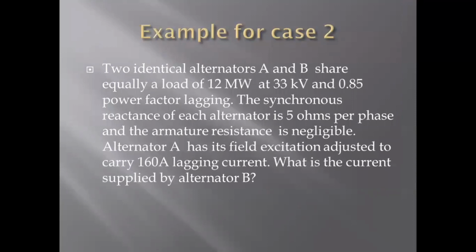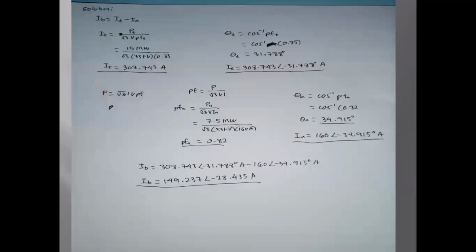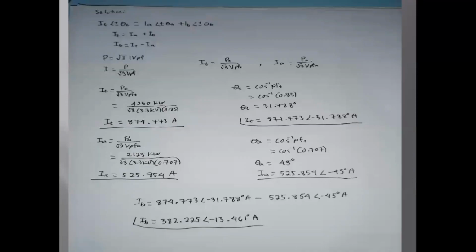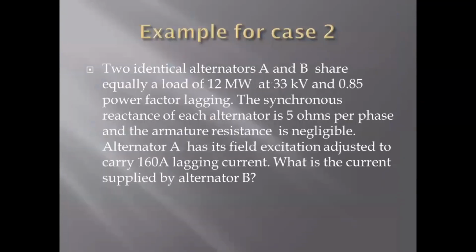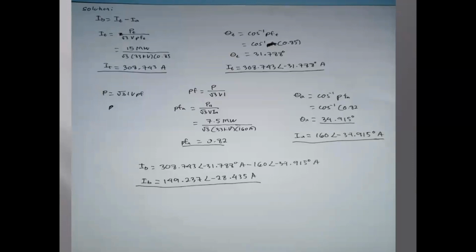So for this example, the solution is IB. Using the formula from before, IT angle theta T is equal to IA angle theta A plus IB angle theta B. That means IT is equal to IA plus IB.